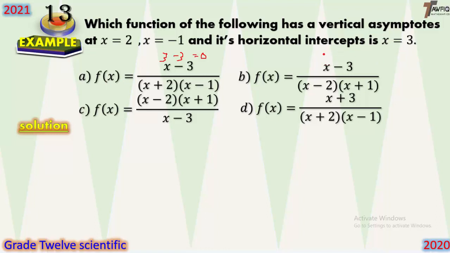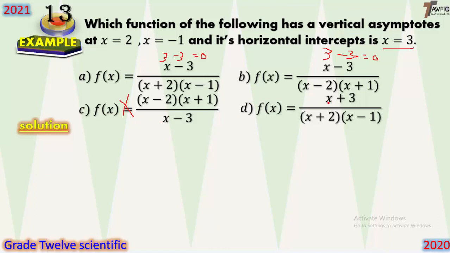Here, 3 minus 3 is equal to 0. Therefore, x equal to 3 is a horizontal intercept for this function. But here, 3 minus 2 is 1, 3 plus 1 is 4, 1 times 4 is 4, therefore it is not intercepting at 3, so this is not a correct answer.